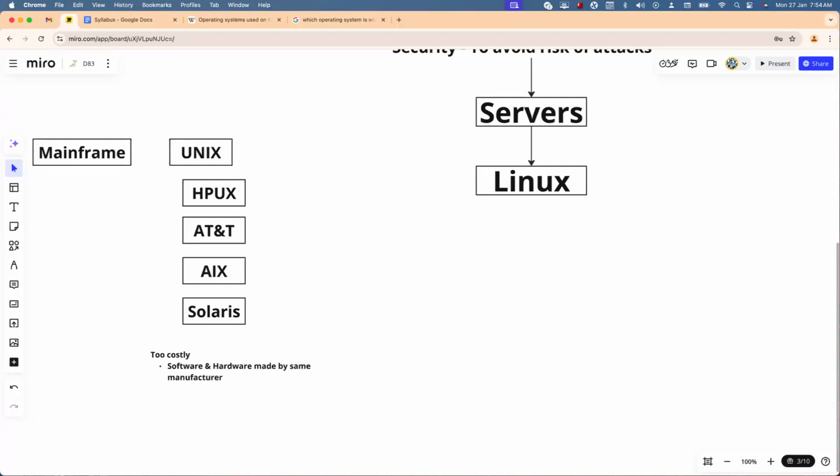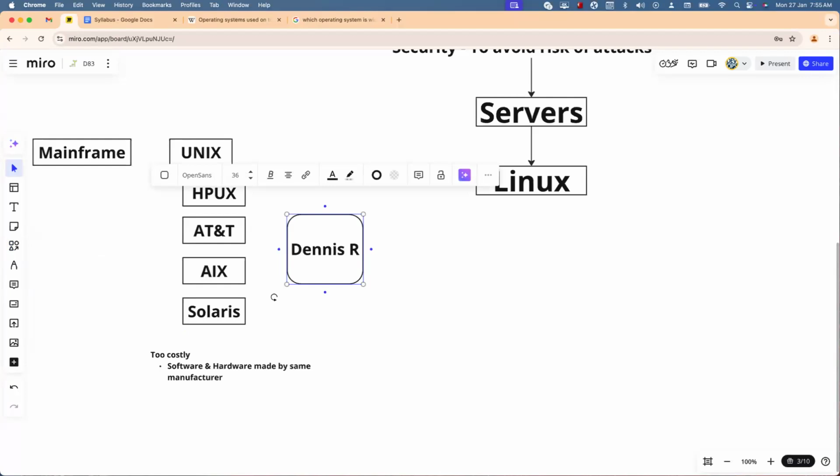And the cost was so huge that people couldn't afford to practice. We're talking about the 1970s, when even universities couldn't afford buying Unix boxes to practice on, though they were teaching it. To overcome this, there was a guy who believed that software has to be open source, software has to be free.